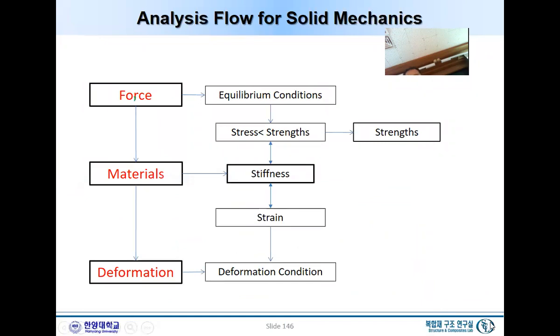And this is a very typical flow chart for any structures. It also applies to a beam. It was applied to torsion as well. Remember that. And in chapter 10, for the beam, forget everything.